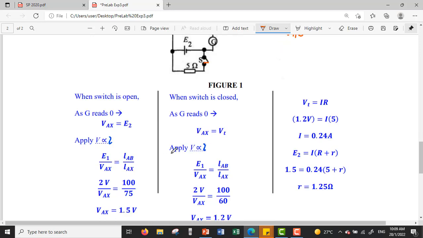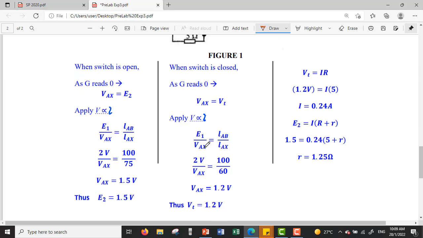Again we apply voltage proportional to L: E1 over VAX equals LAB over LAX. E1 is 2 volt, and 2 volt is given to 100 cm. So when the balance length AX is 60 cm, the voltage is 1.2 volt. Our terminal voltage equals VAX, which is 1.2 volt.